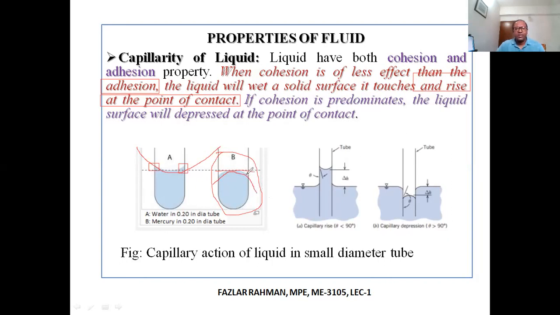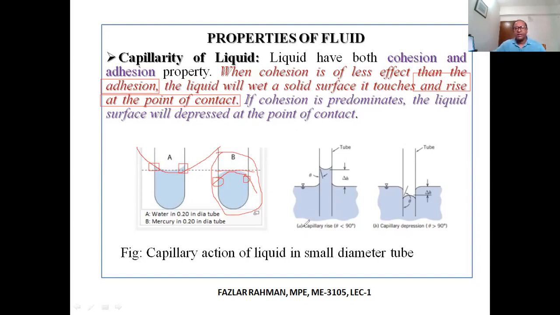Because this fluid has more cohesive property than adhesion. So it's saying if cohesion is predominant, the liquid surface will depress at the point of contact. Depress means going down at the point of contact.